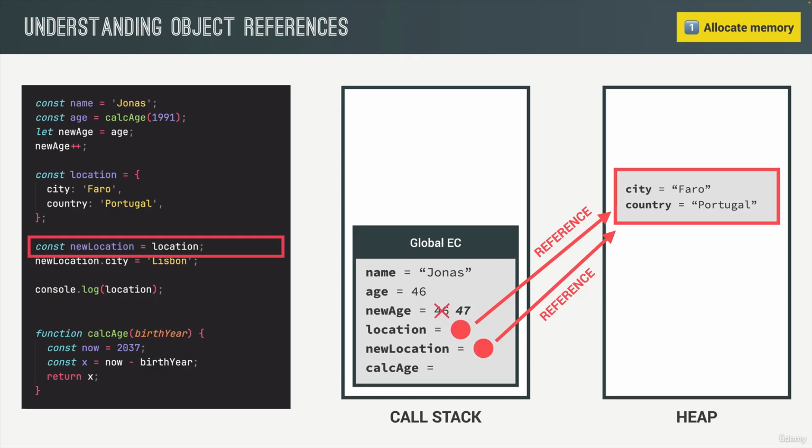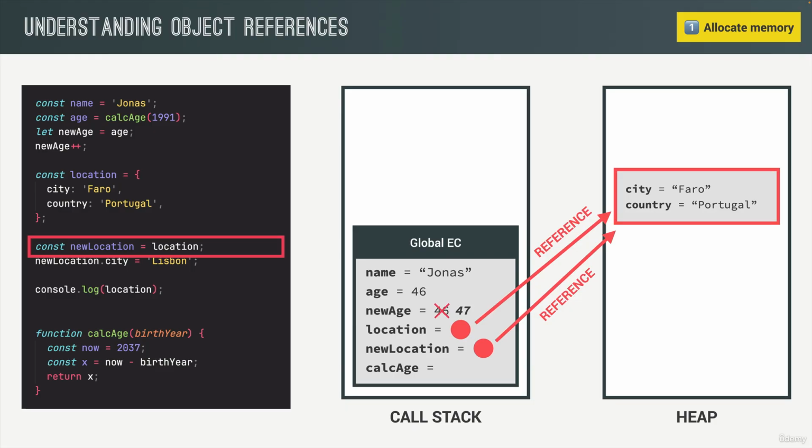Or in other words, when we set newLocation to the same value as location, then we're simply copying the reference, because it's the reference that is stored in the variables in the stack. So in this case, this means that newLocation and location are pointing to the exact same object in the heap. And this is very different from how primitives work, where each variable actually holds its own copy of the primitive value, because there are no references involved at all. And this idea of object references has huge implications.